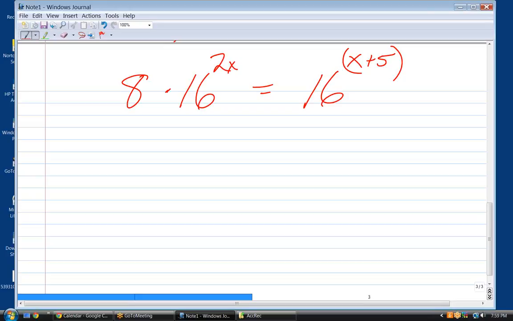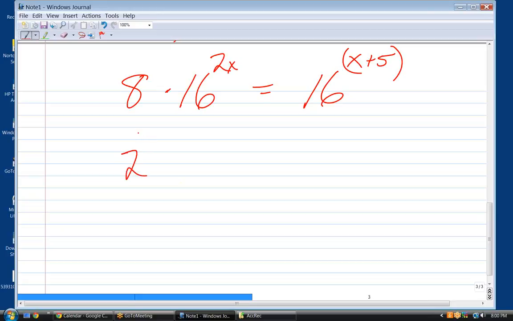Is that possible? Yes. In fact, that's exactly what I was going to do. There's multiple ways to solve this. You could use logs, but as long as we're looking at numbers that have common exponential bases, and 8 and 16 do, they both have a common exponential base of 2.